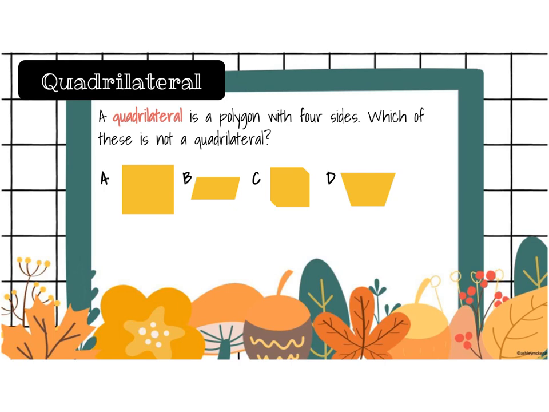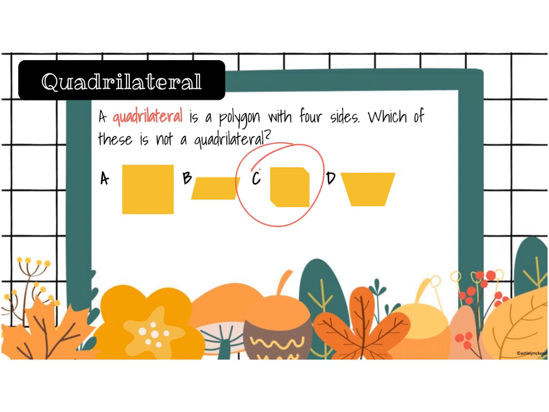A quadrilateral is a polygon with 4 sides. Which of these is not a quadrilateral? Show me on your whiteboard. Good. Your answer for this one should be C. Why?